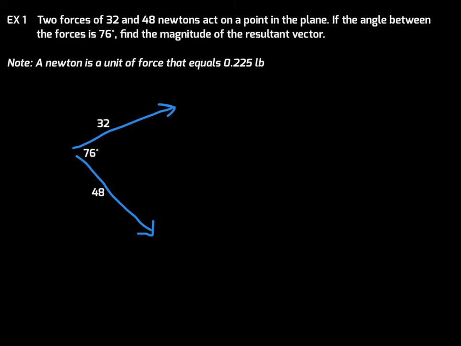So here I have my forces, which are vector quantities, 32 and 48 newtons. Okay, so I have this vector here of 32 newtons, and then this vector here of 48 newtons. All right, and the angle between the forces is 76 degrees. They want us to find the length, or the magnitude, of the resultant vector.